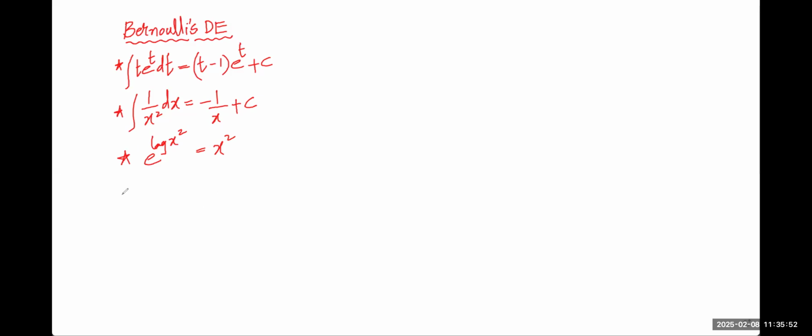And this one, integration of f of x whole to the power of n into f dash of x dx is equal to f of x whole to the power of n plus 1 divided by n plus 1, plus c.